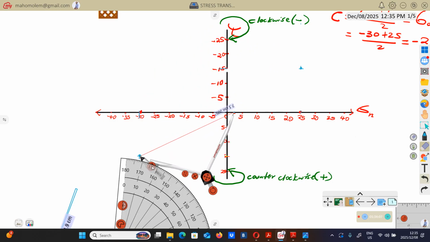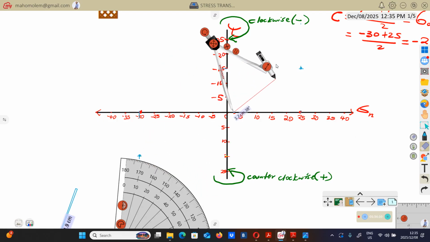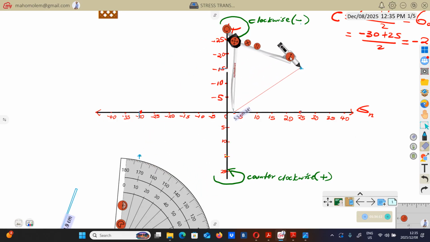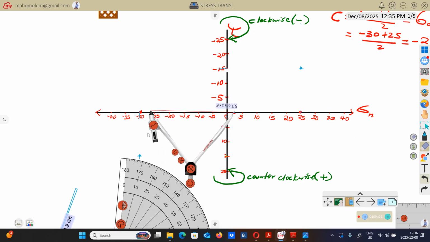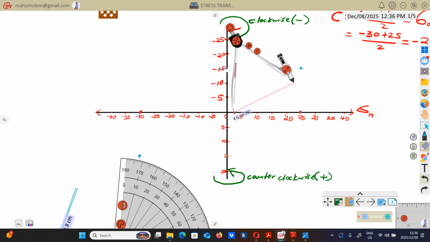It should be the same thing. Oh, by observing these distances, I'm not getting the same thing. Here is 5.6, 5.5, here it's 7.1. No. Sorry for that, I made a mistake.